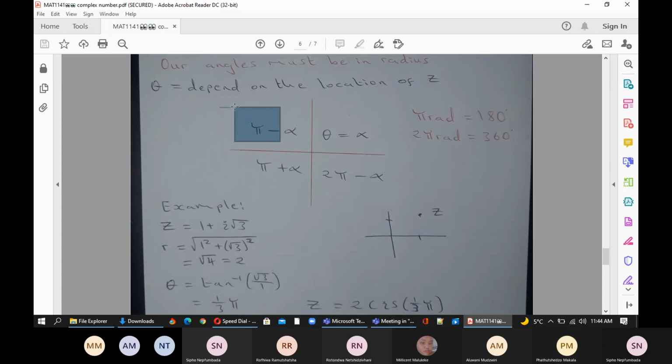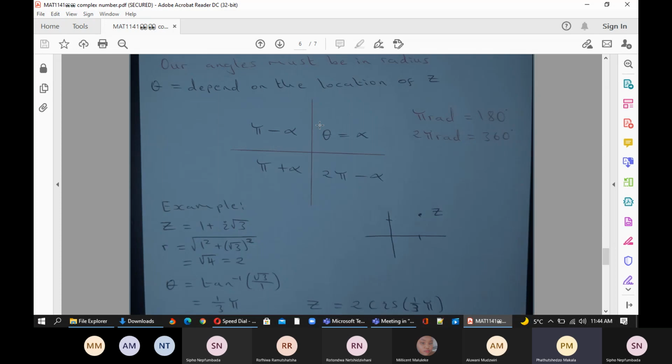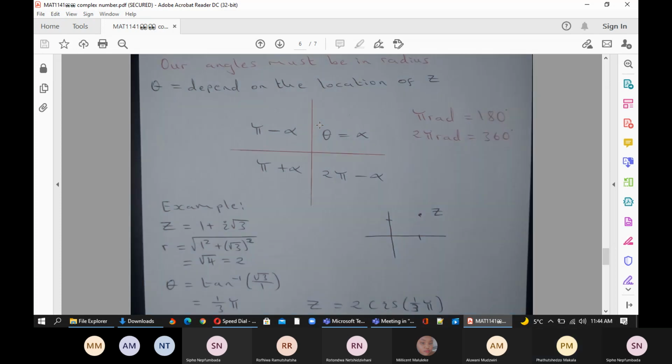Can you see that? So our theta was going to be equal to pi minus tan inverse. Any question? You can understand, right?